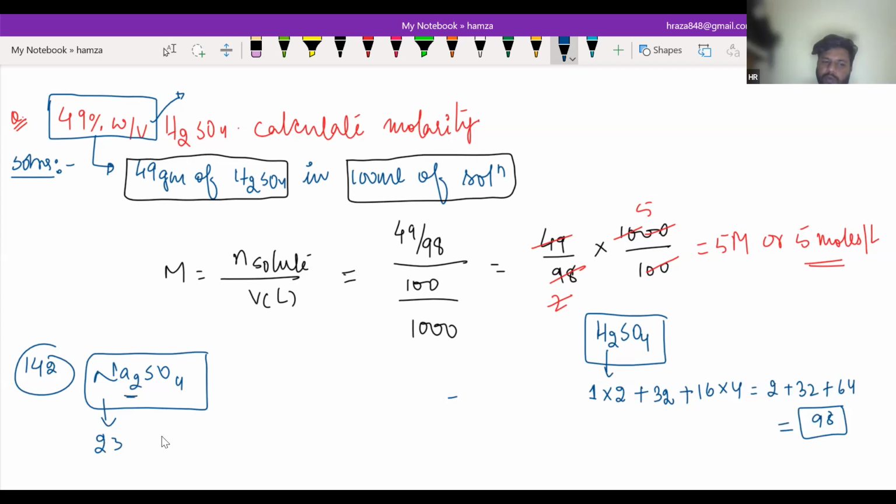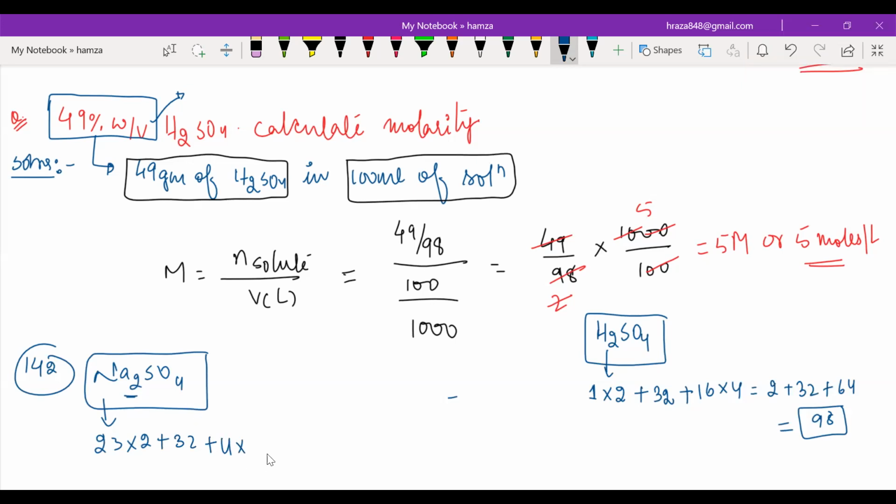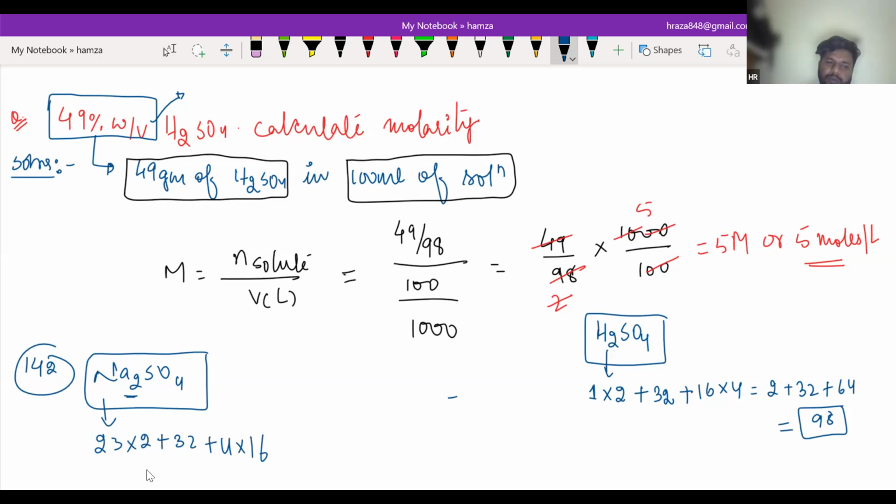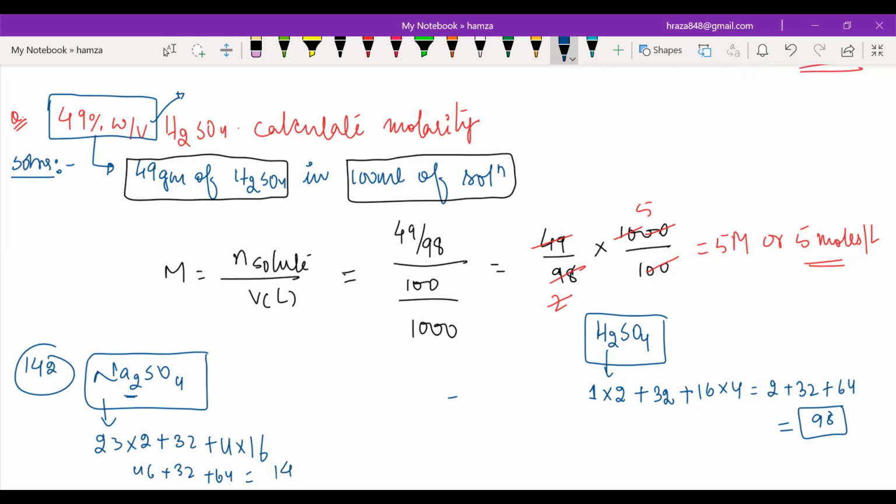So it will be 23 multiplied by 2, plus this is 32, plus 4 oxygens, 64. So it will be 46 plus 32 plus 64. It will be equal to 142, right? Yes. Very good.